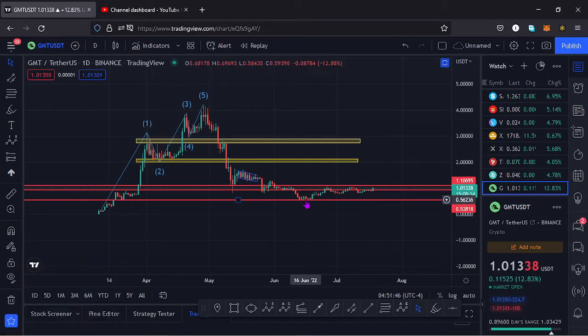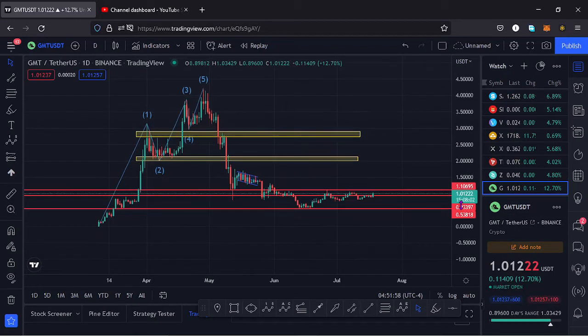From the all-time high, GMT has been seeing lower prices, and in that movement to the lower side we have gone to around the $0.056 mark, where we found a key area of support and started seeing a nice bounce to the upper side.